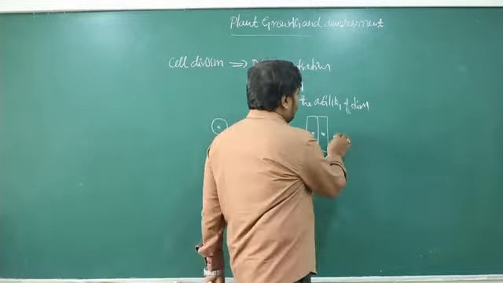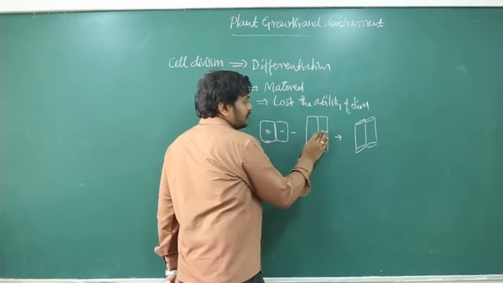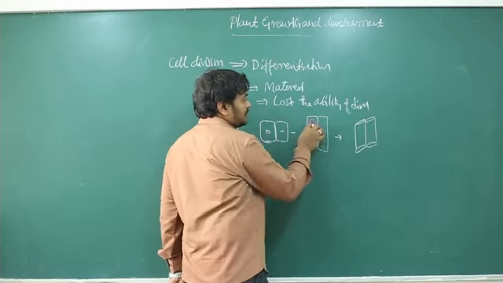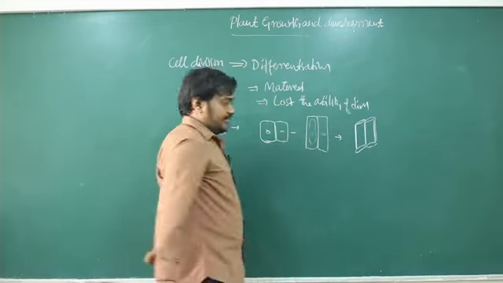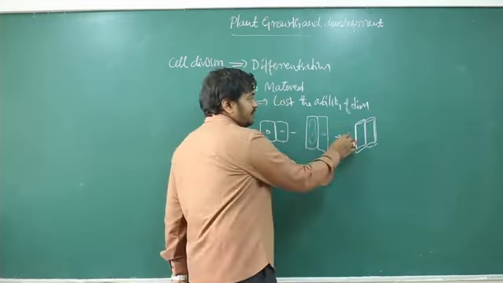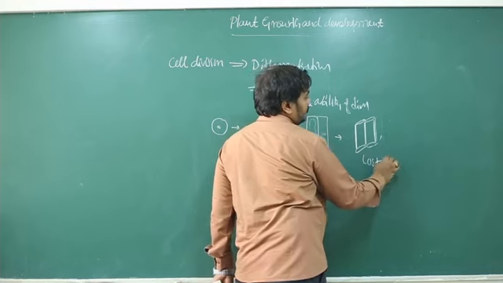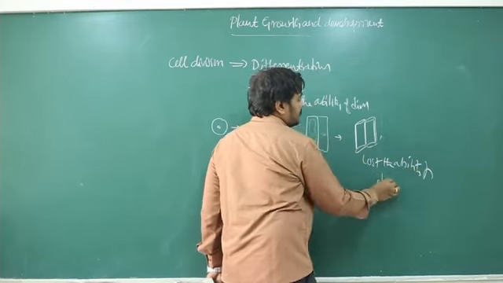Gradually it becomes a vessel. By losing the nucleus, by losing the cytoplasm and the membrane, by depositing lignin, it gets differentiated. Okay, so once it gets differentiated, it has lost the ability of division. So this is called differentiation.